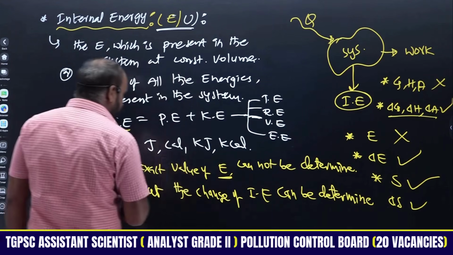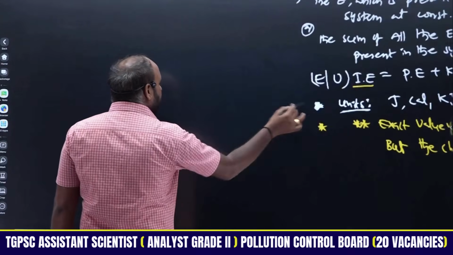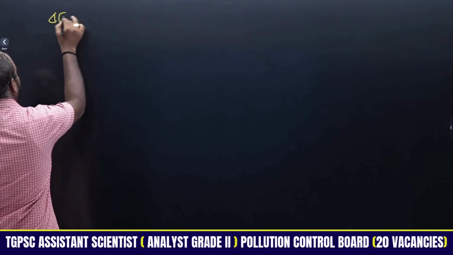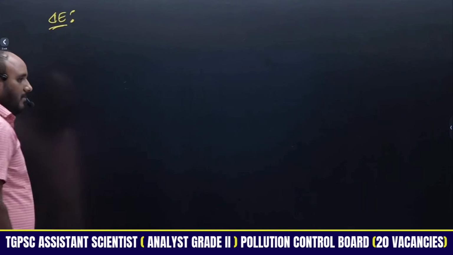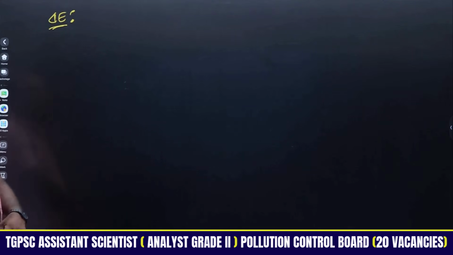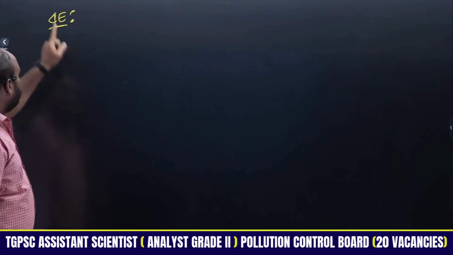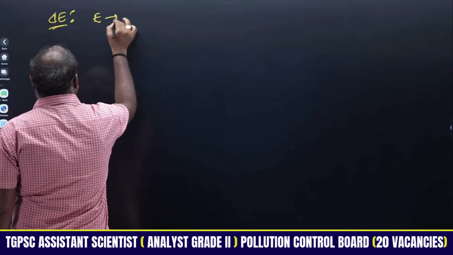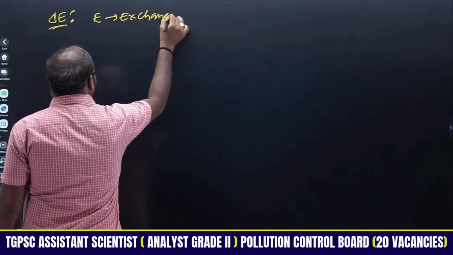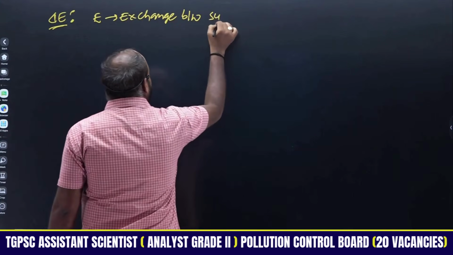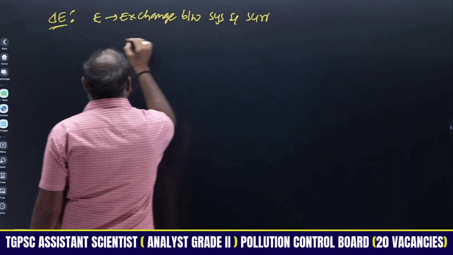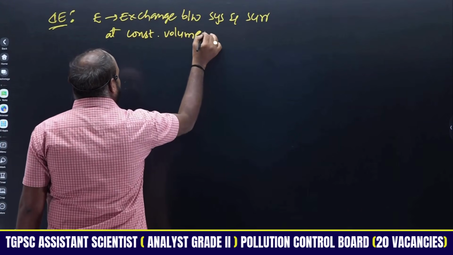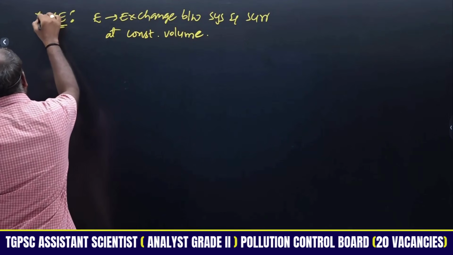Then we'll see, based on that internal energy, the types of reactions we may explain. So we have to define delta E. What is meant by delta E? Delta E means change in internal energy. This is the energy exchange between system and surroundings at constant volume. So that is called change in internal energy.